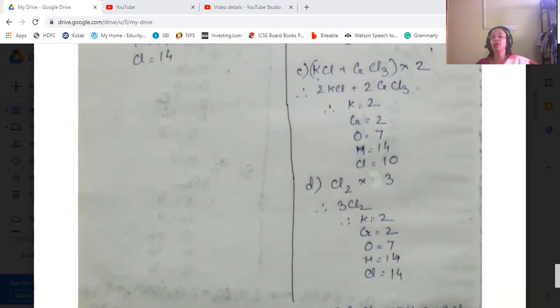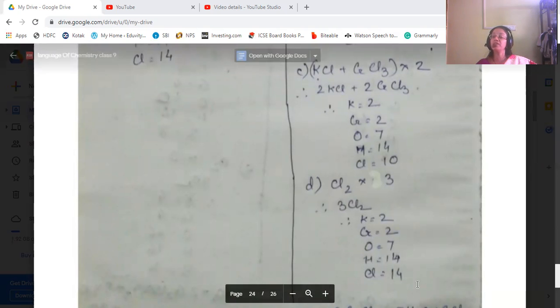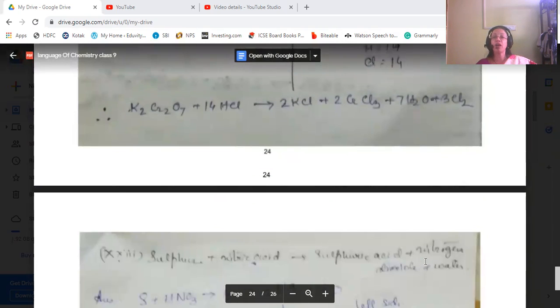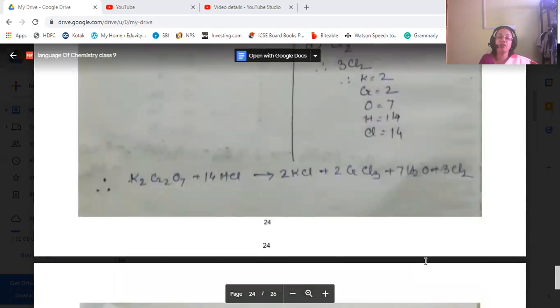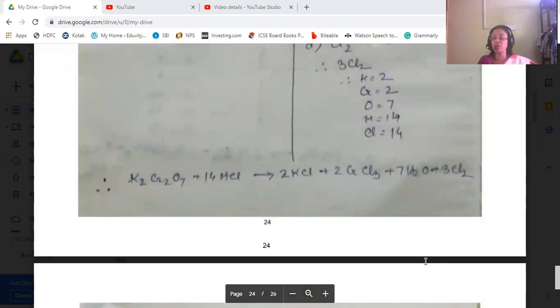So that makes K is equal to 2, Cr is equal to 2, O is equal to 7, H is equal to 14, Cl is equal to 14. So the equation is K2Cr2O7 plus 14HCl gives us 2KCl plus 2CrCl3 plus 7H2O plus 3Cl2.